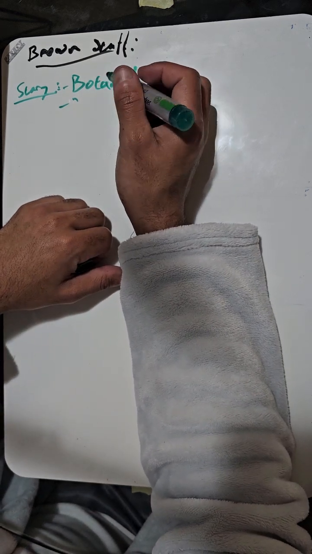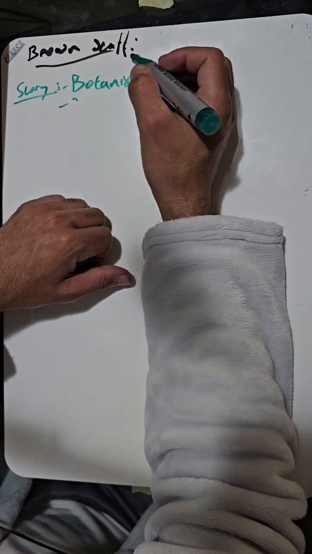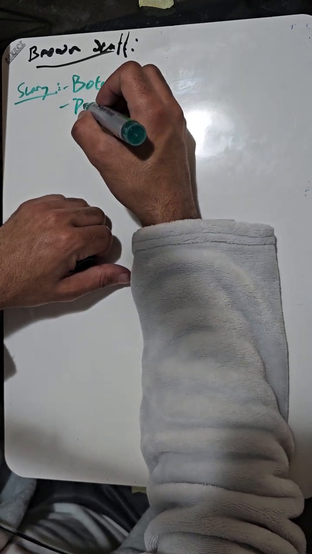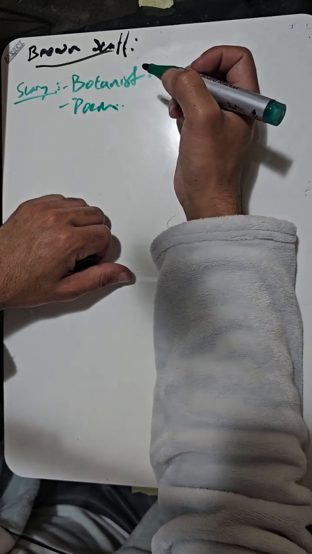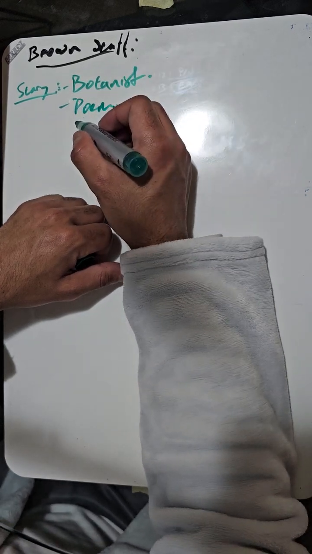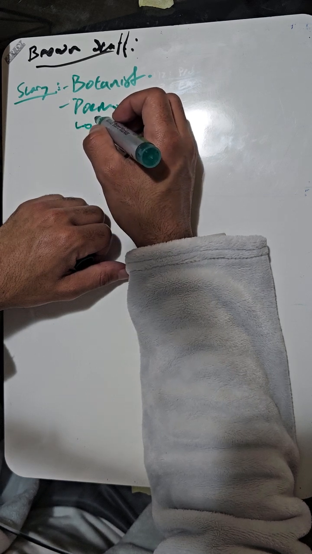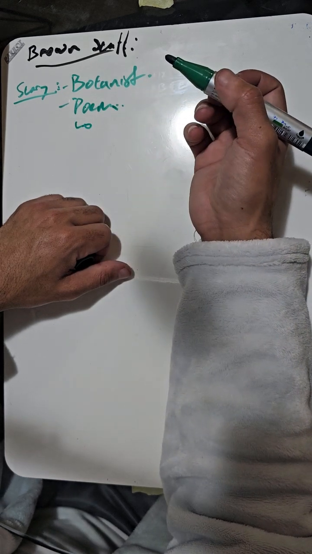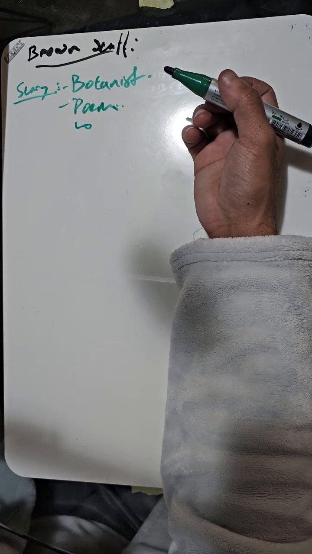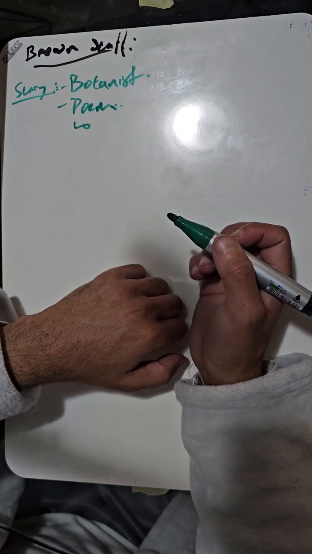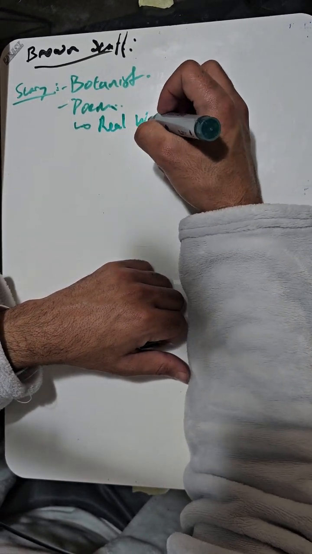But then the botanist, Robert Brown, went out and he published, also correct me if I'm wrong, a poem. If you Google it, you'll find that poem. It's a little naughty, but what that poem is doing is talking about the real world.